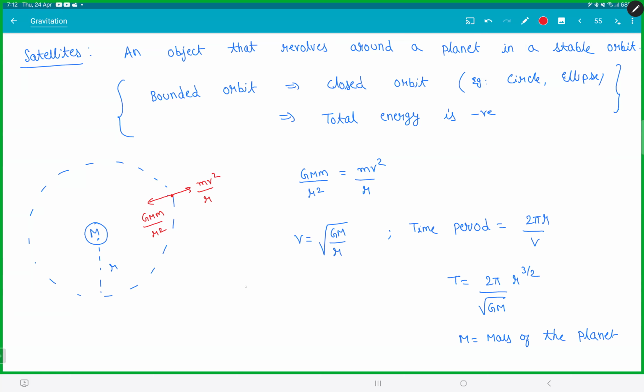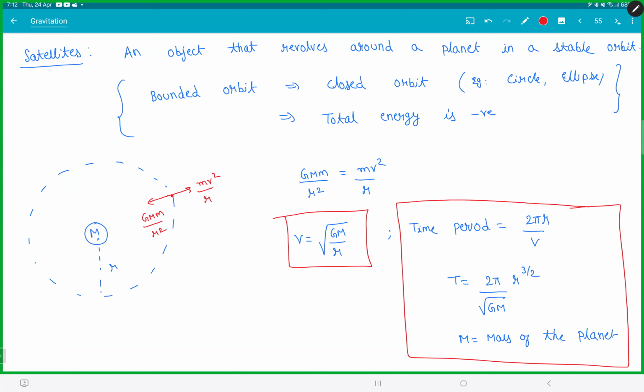Ever thought about it? Mass of the Earth is 6 into 10 power 24 kgs. Who measured it? You took the Earth and put it in a spring balance. Yeah. This is what we must have done. We know the time period of a satellite. We know the distance of the satellite. If you put it there, I'll get the mass of the planet. That is how you can find mass of the sun. So this is how you find mass of planets or stars indirectly. No one actually goes with a measuring balance and measures them.